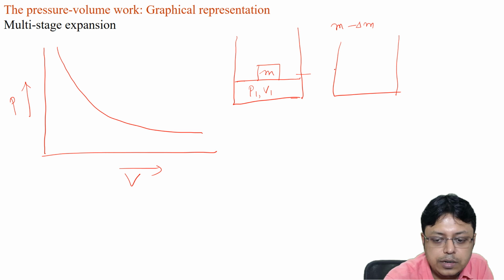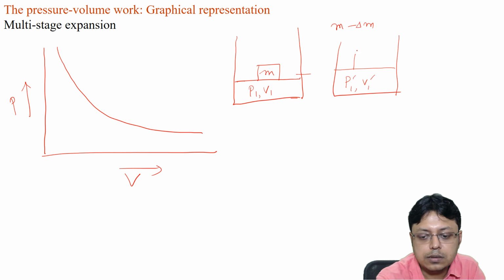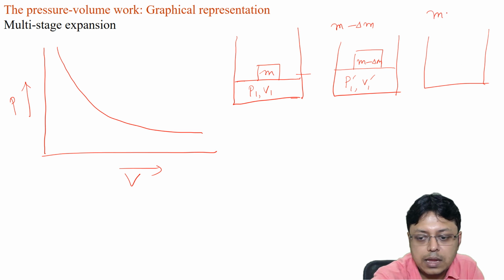The external pressure will reduce a little bit, so the gas will expand to a point where the pressure of the gas is P1 prime. So this is nothing but M minus delta M. In the second case, we'll again reduce the mass by another delta M, so that the mass is now M minus 2 delta M. So the pressure will be even less, so the gas will further expand.